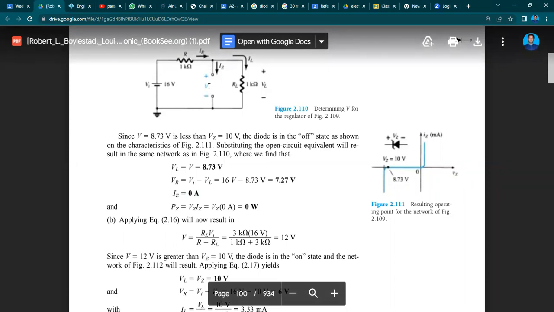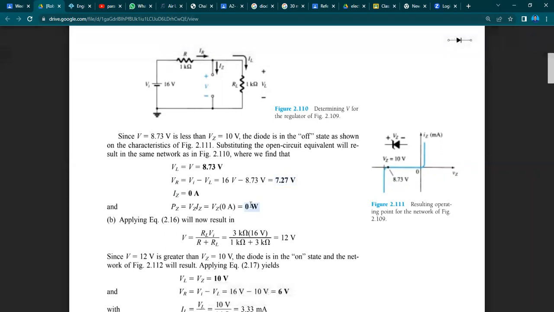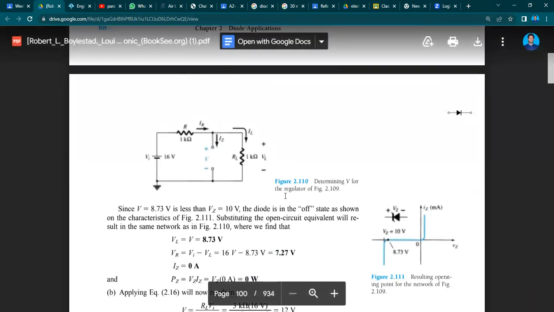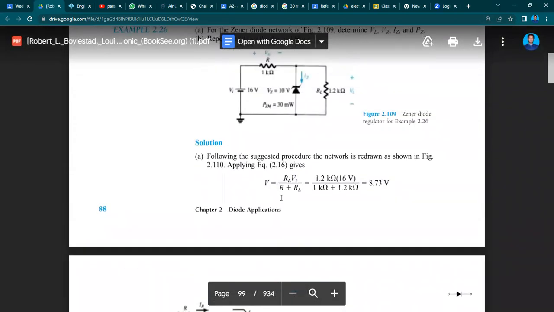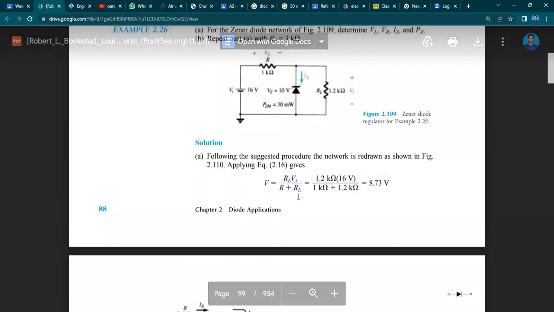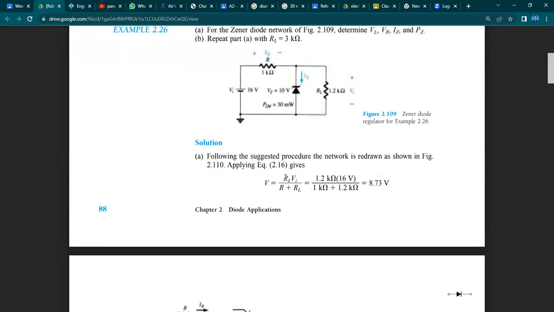It gives us 7.27 volts. It means that the voltage across this resistor of 1 kilo ohm is 7.27 volts. We can also find this voltage by this formula if we replace this RL by R.